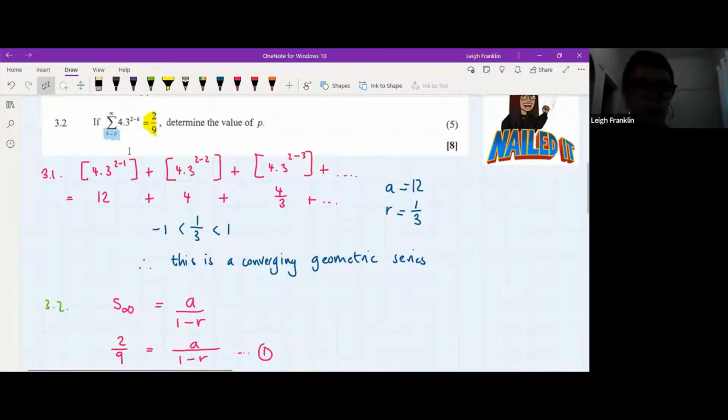So let's do that. Let's just write it over here. We've got, as our first term, 4 times 3 to the 2 minus P. Then our next term is going to be, what's it going to be?